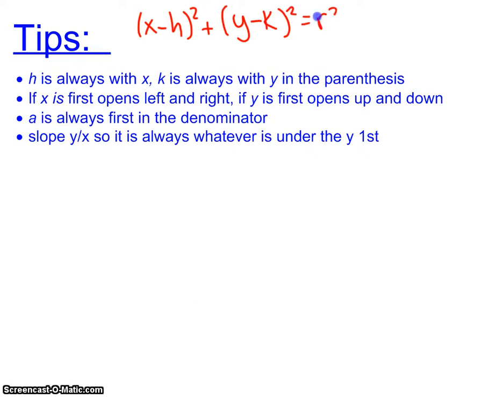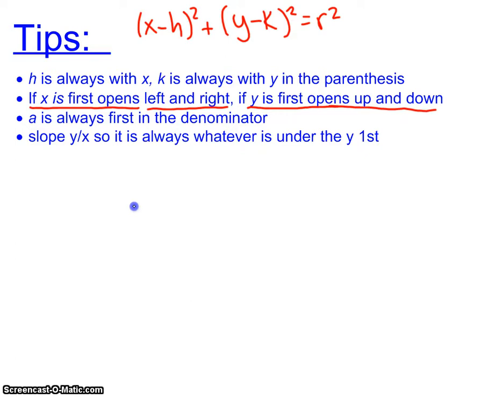That was for our circle, and the same thing applies to the ellipse and the hyperbola. So h and x will always be together, k and y will always be together. If x is first, it's going to open left and right. If y is first, then it's going to open up or down.